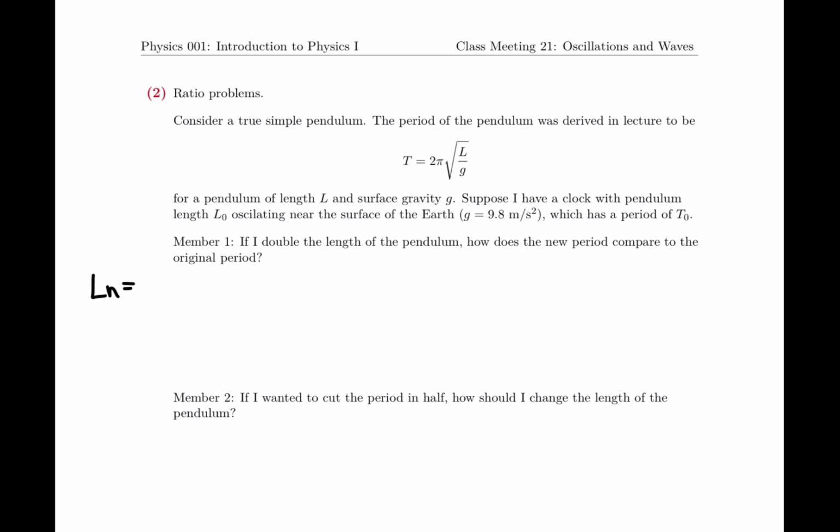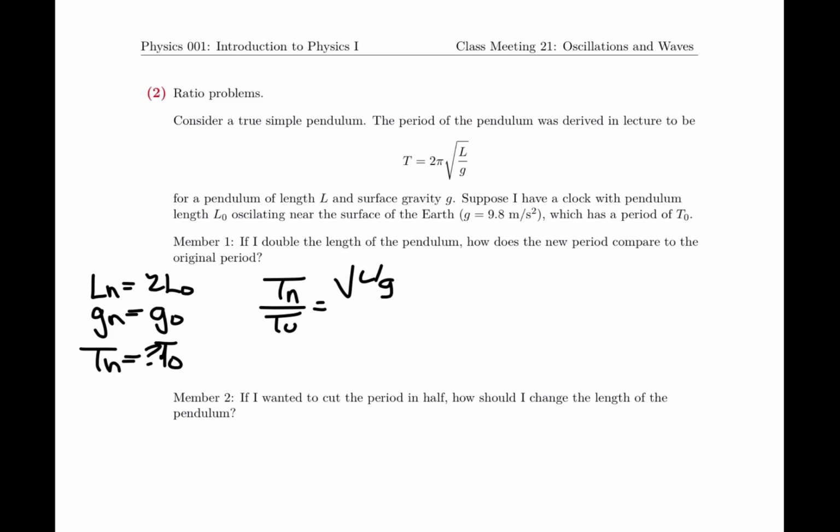In this case, L new equals 2 L old, g new equals g old, and T new equals something times T old. I could start with the ratio of this equation. The 2 pi's cancel. You just get this kind of ratio of the square roots. The g's are the same as well, but I'll simplify it anyway.